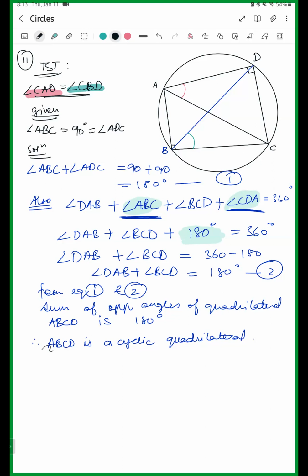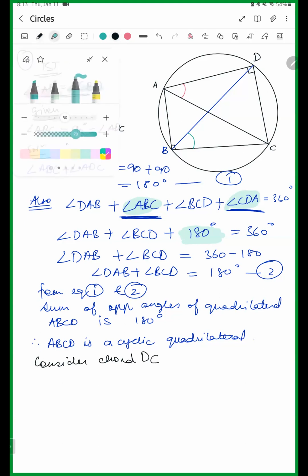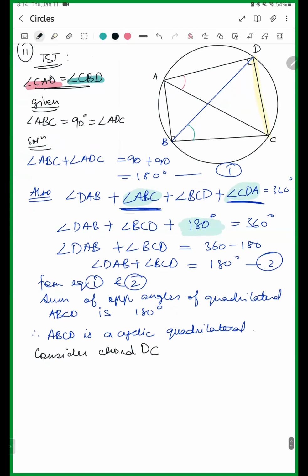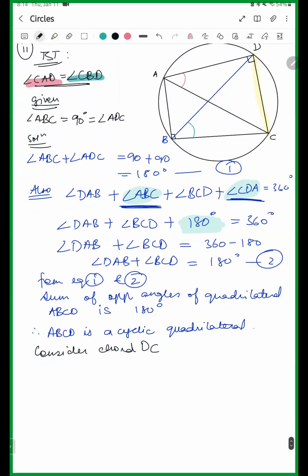So consider chord DC. Okay. And this chord subtends two angles. One angle it is subtending at point B and one angle it is subtending at point A. So these two angles are going to be equal because angles in the same segment are equal.